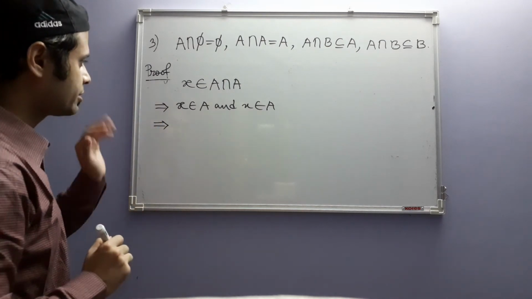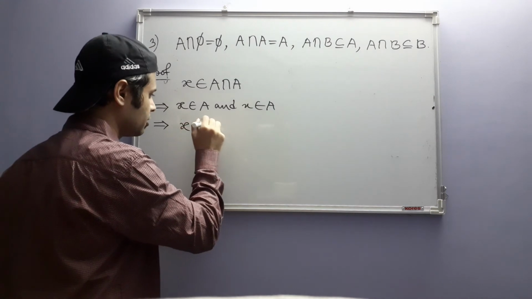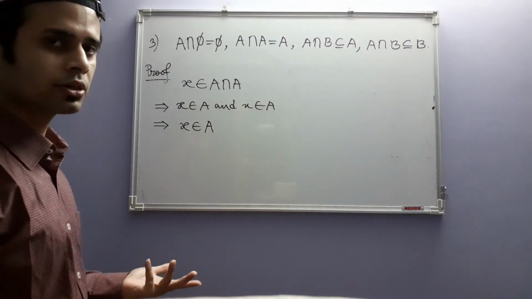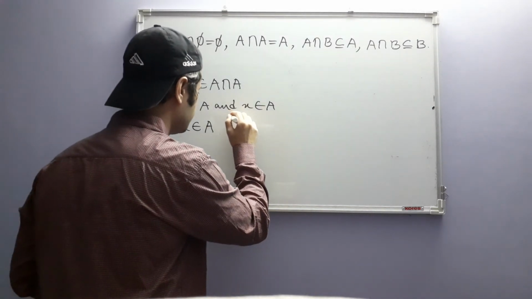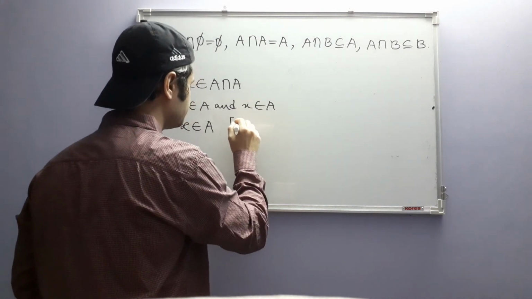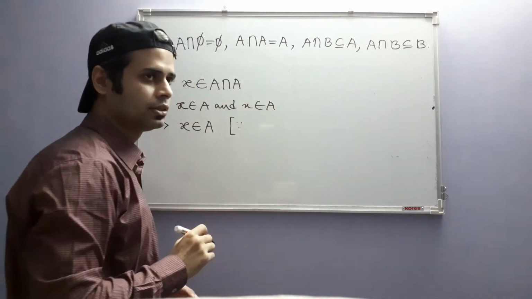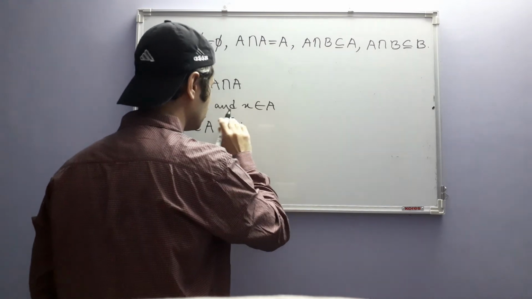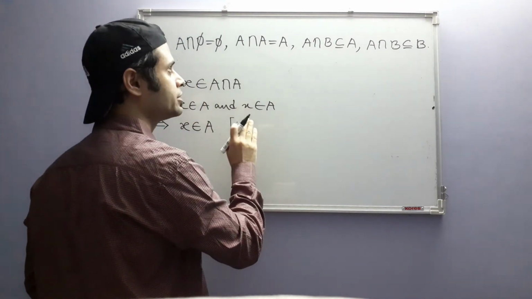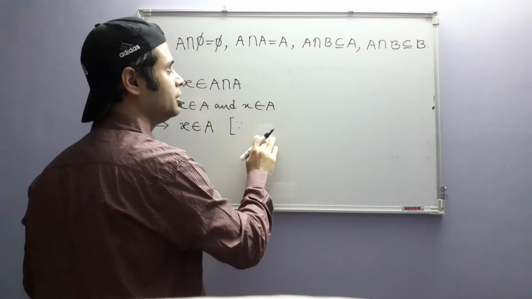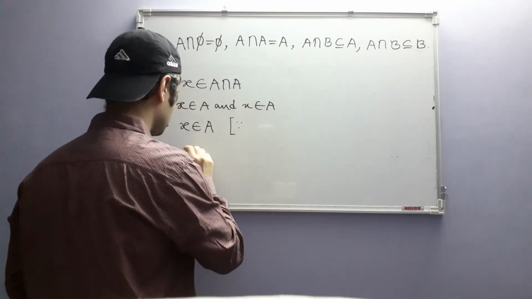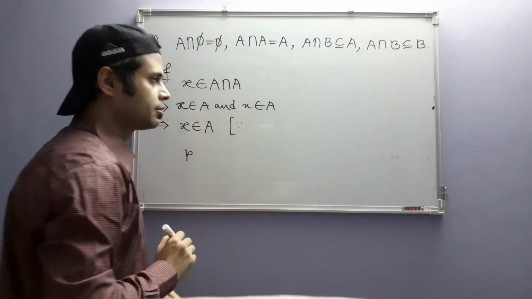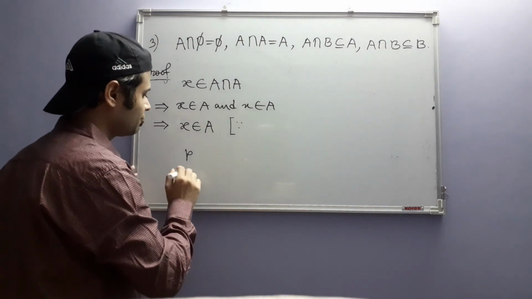Okay, now in place of this, I am going to write X belongs to A. What is the reason for that, or what is the justification for that? This is coming from the law of, well, not the law of simplification. Can we simplify with and? P and Q. See, I forgot. Although this is not related to this, what is law of addition?